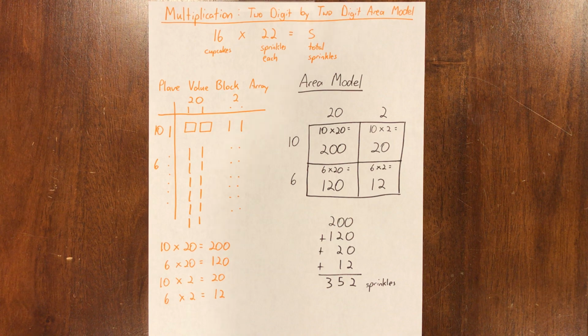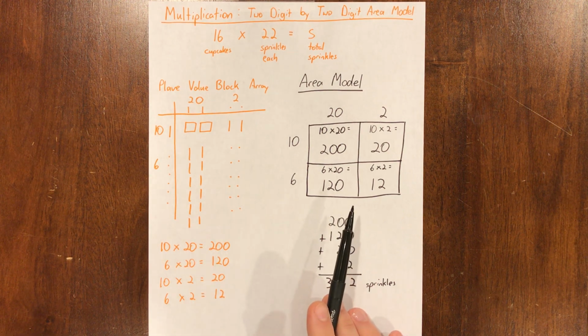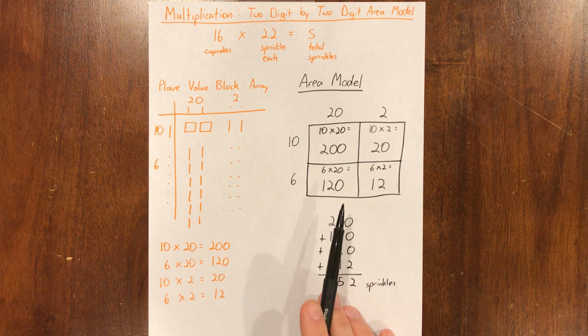Yeah, with both strategies, we are finding the partial products by place value. And then we add the partial products to find the total product. If you look at these two models, you'll see the math is exactly the same. We're just showing it in different ways, right?